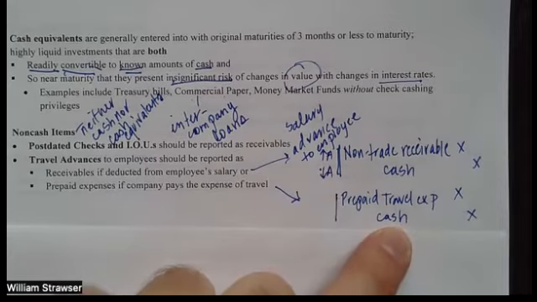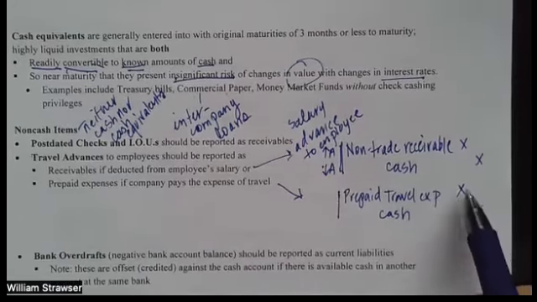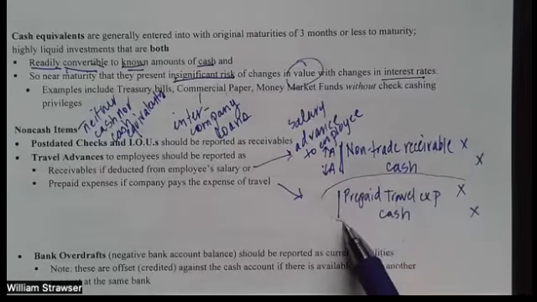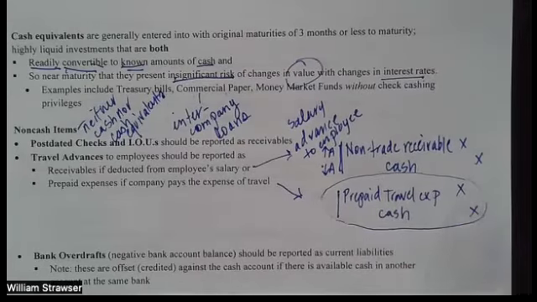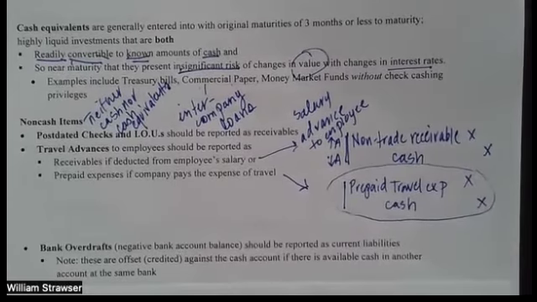I'm fronting the cash, but until the trip actually happens, until that travel is actually undertaken, it'll remain as a prepaid. And in this case, the company's not getting anything back. This is like when you send your employees off to a conference, and that's just part of their training, basically.